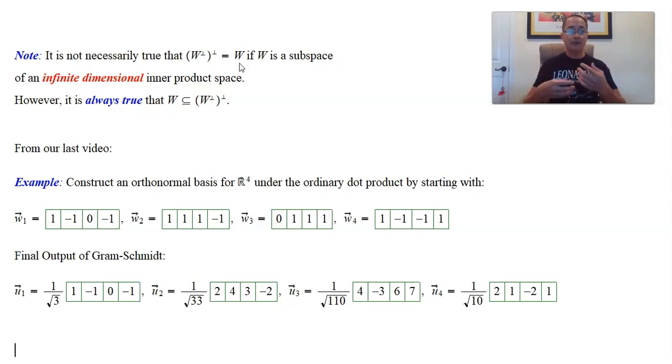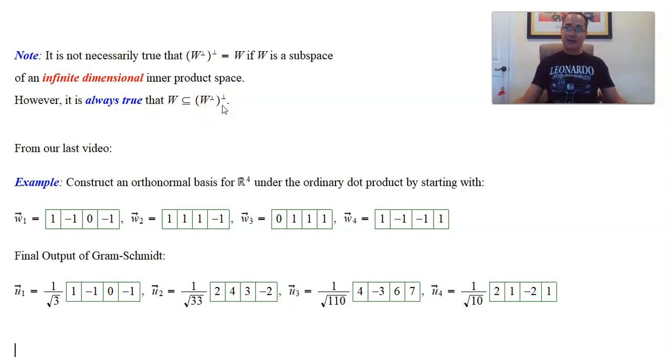In functional analysis, we extend the ideas of linear algebra into these infinite dimensional vector spaces. However, it is always true that the original subspace is inside the complement of its complement. That's a fun exercise. It basically makes you unravel the definition. What does W perp mean?